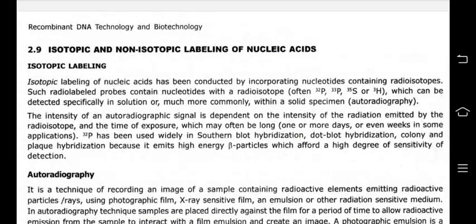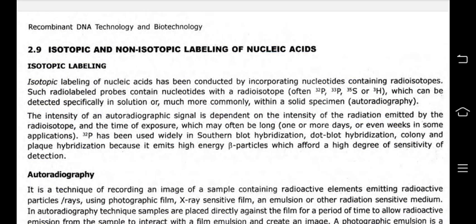Then isotopic and non-isotopic labeling of nucleic acids. Isotopic labeling. Isotopic labeling of nucleic acid has been conducted by incorporating nucleotides containing radioisotopes. Such radiolabeled probes contain nucleotides with a radioisotope, often 32P, 33P, 35S, or tritium, which can be detected specifically in solution or much more commonly within a solid specimen.